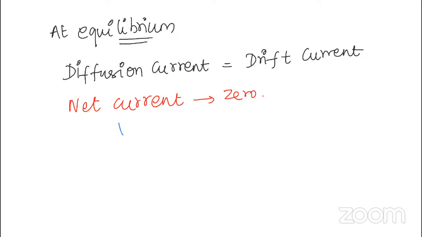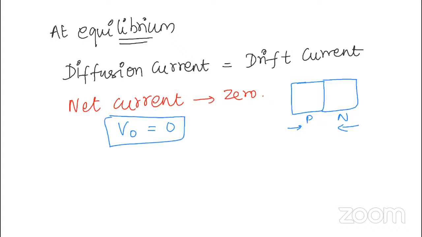So here the value of V naught becomes 0 at the equilibrium condition. Here it is N type and here it is P type. Okay. So N type, P type, N type. Now the current flows like that. So equal and opposite means the net value should be equal to 0. At a particular location where both reach equilibrium, the value should be equal to 0. So at that location the value of V naught should be equal to 0.